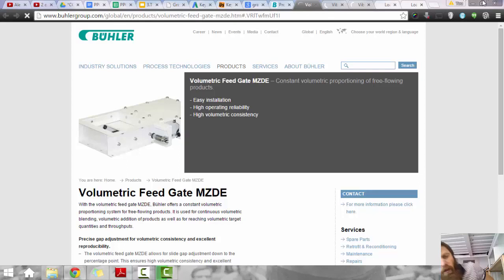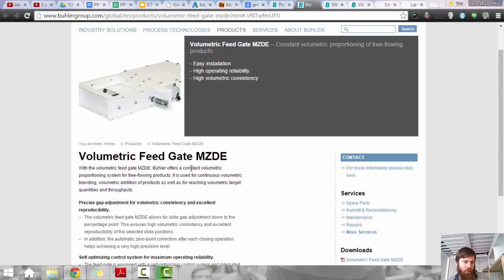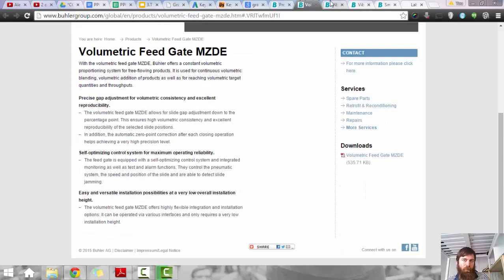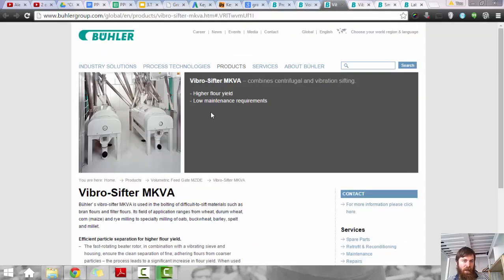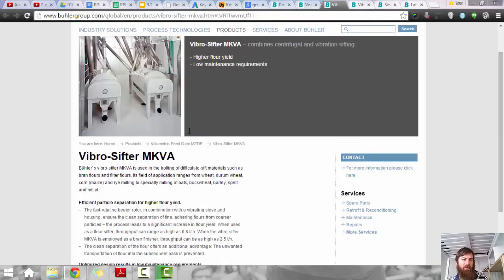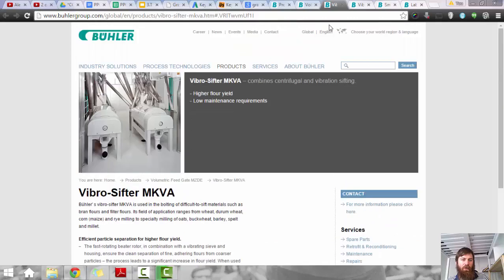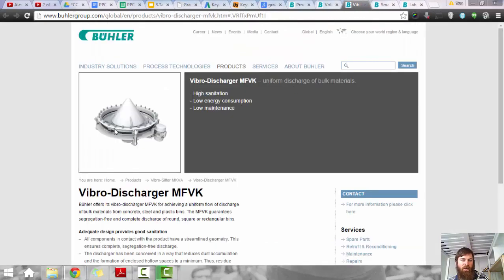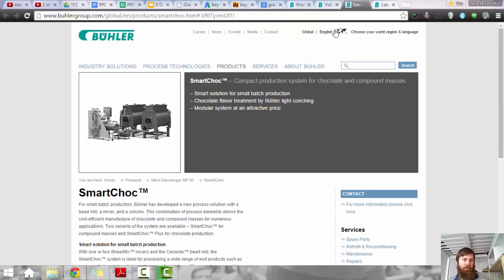Let's just see what some of these products are so we get an idea. It's a feed gate. And higher flower yield. So yeah, this is all for agricultural kind of manufacturing and agricultural supplies and processing, but this is not what we're selling.